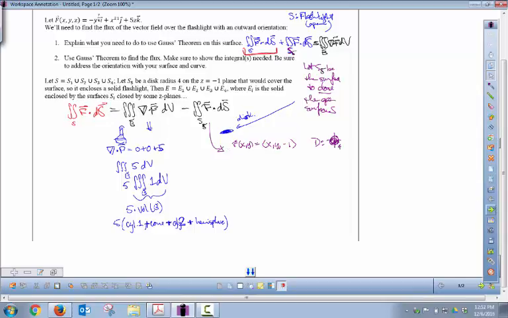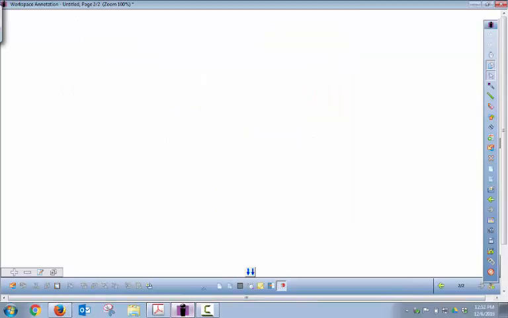I'm just going to quickly draw the flashlight and give it some dimensions. So this first page, we're going to focus on the triple integral of a solid.